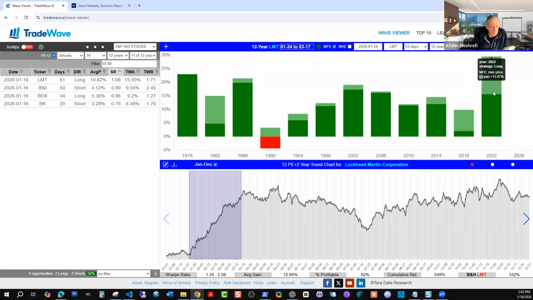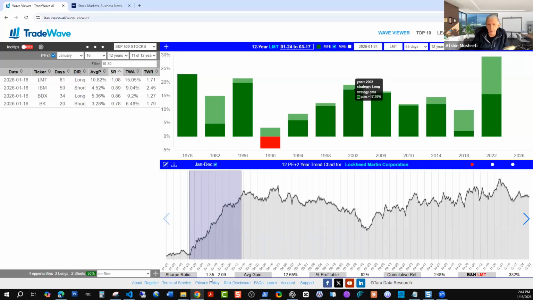Lockheed is not a company that's very volatile, which means their options are cheap. Their implied volatilities are low. If you find things like this, you can buy really cheap options that can potentially, if it repeats what it's done historically, become very valuable. 2018, almost 10%. 12 and 2, almost 15. 12, 16.